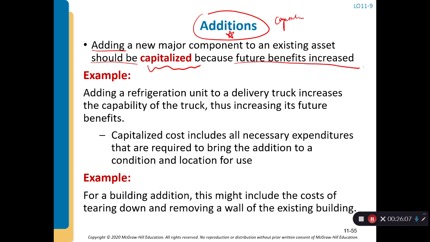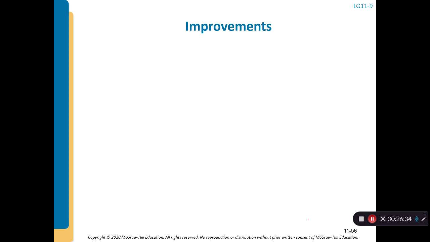For example, adding a refrigeration unit to a delivery truck can increase the capability of the truck, thus increasing the future benefits. The costs we can capitalize include all necessary expenditures that are required to bring it to its condition to use or location for use. For example, for a building addition, this might include costs of tearing down or removing the wall of existing buildings.